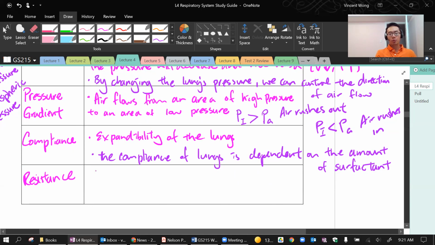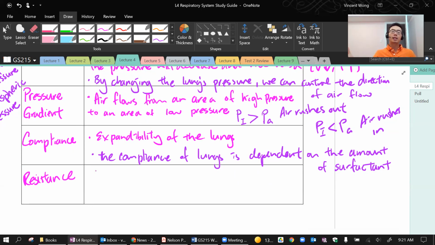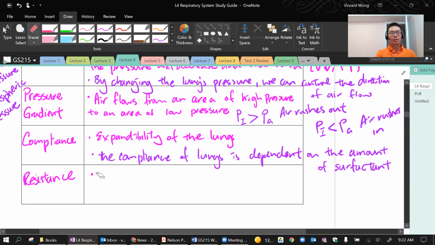Normally it's not really obstructed, but when you have a cold, allergy, or asthma, all that mucus secretion is going to increase the resistance. So resistance is related to the diameter of the airway.